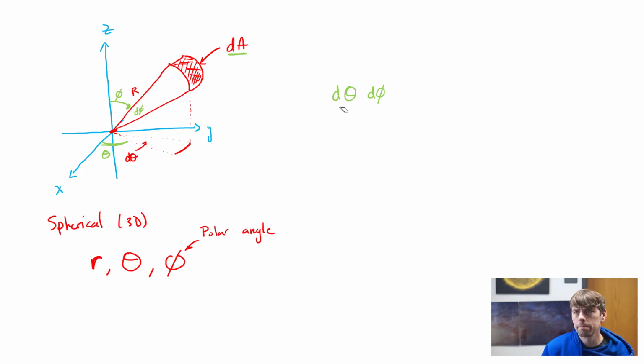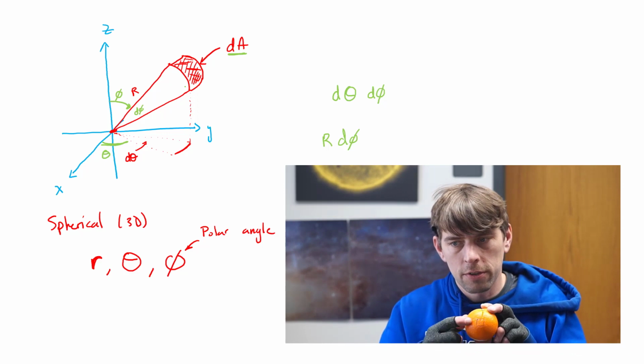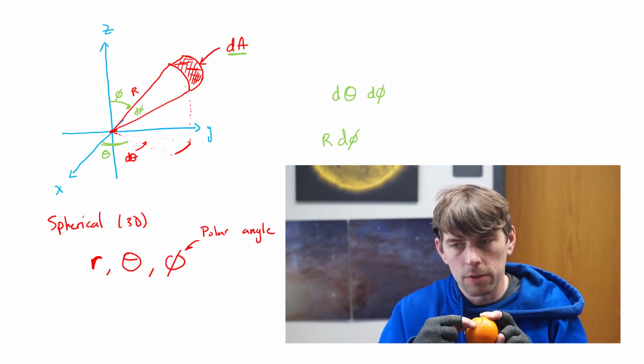Now, the first one, this small change in phi, you notice as I have drawn here, the little arc length that's associated with the small change in phi should simply be the radius of my sphere times d phi. Okay, so that piece is fairly intuitive based on the drawing that I have here. Same thing right here with my little orange. I'm talking about the radius of the orange sweeping down.